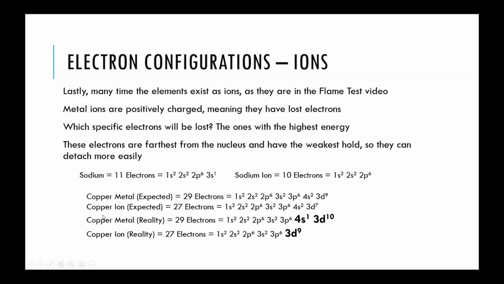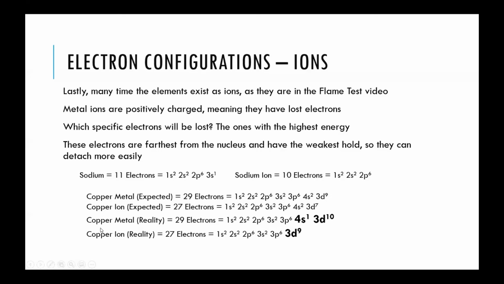And when you have the ion, you would expect 2 electrons to leave this d subshell, but 4s is a higher energy. So what happens is the copper ion is 2+.